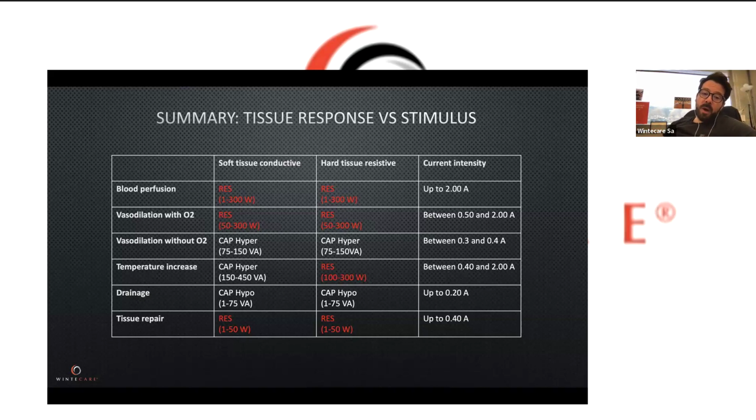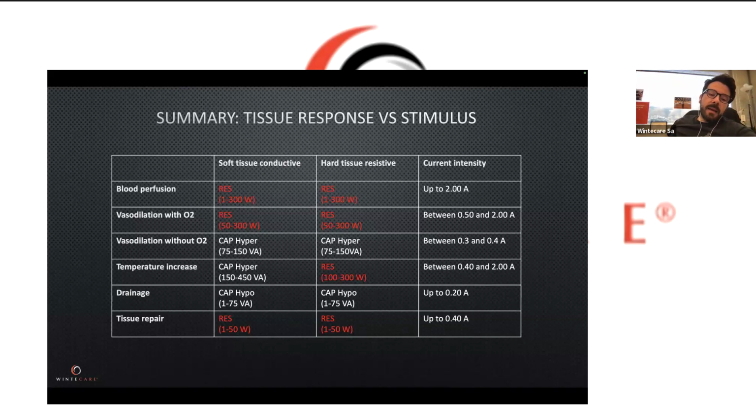I want to stimulate blood perfusion within hard tissues. I will use resistive between 1 and 300 watt. So a huge range. Why? Because the amount of blood perfusion can vary based on the amount of energy. I want a lot of blood perfusion in less time, closer to 300 watt. I just need some microcirculation with no thermal increase, 1 watt.